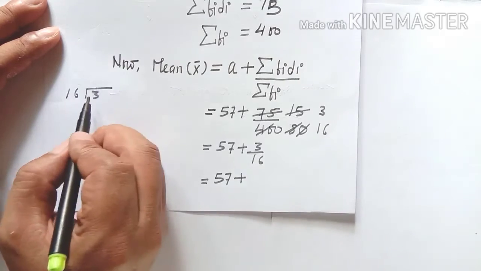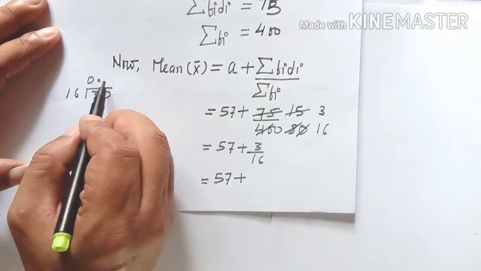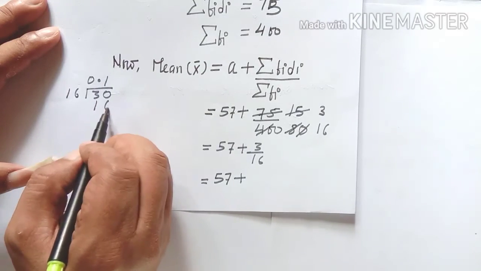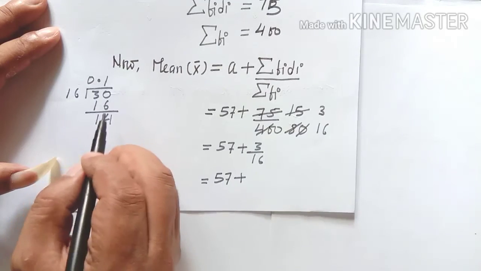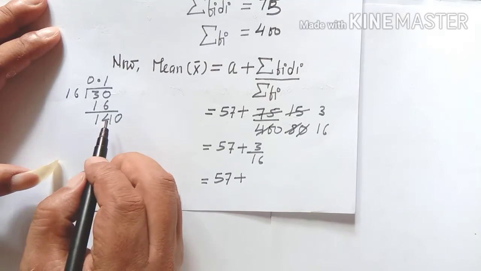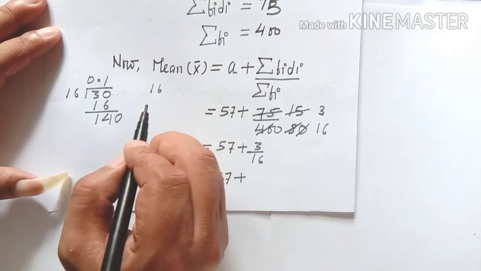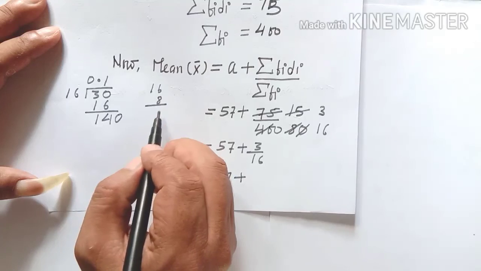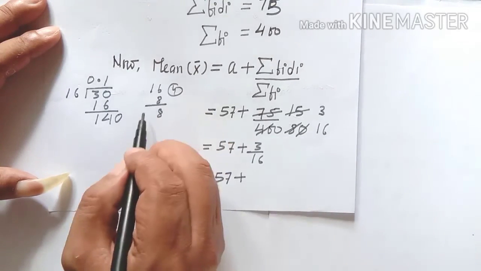Now 16 not possible, 0.6, so 0, 16 into 1, that is 16, minus, we get here 4, so 2, 1, decimal is here, we can take 0. Now 16 into how many times is closer to this one? So we take here just rough here, 16 into 8, 8 6, 48, 4 in hand, 8 1 8 plus this will be 12.